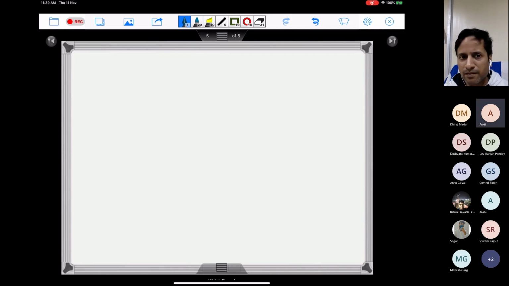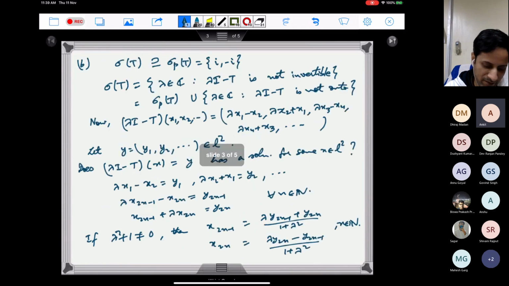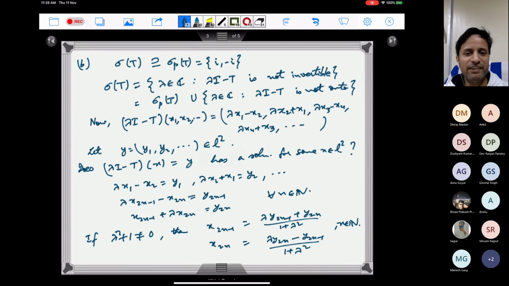Sir, how do you write sigma T as a union of sigma pt and lambda belonging to C such that lambda I minus T is not onto? This is just the definition, right? What is sigma T? Those lambda such that lambda I minus T is not invertible. What is the meaning of not invertible? It is either not one-one or not onto, right?